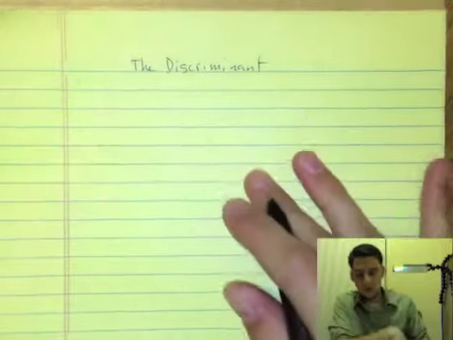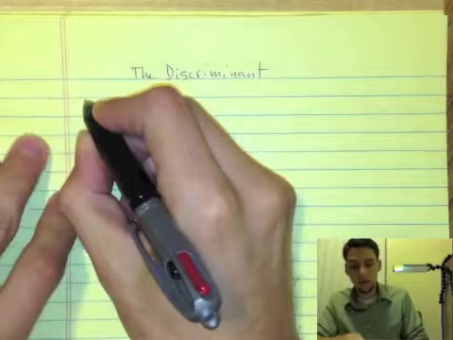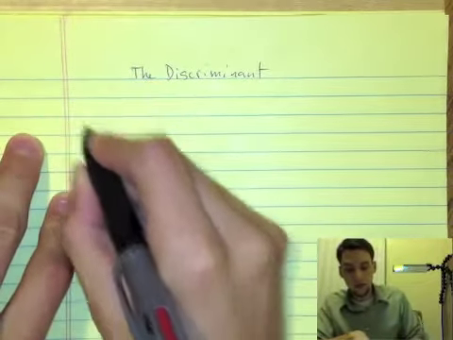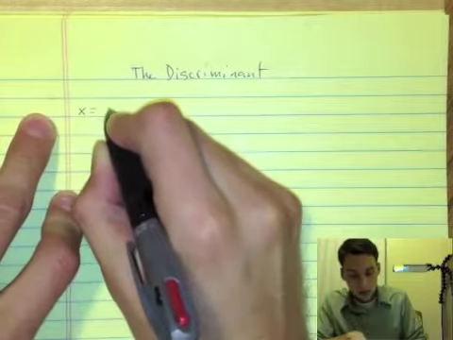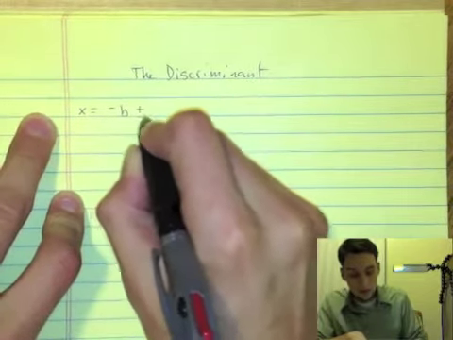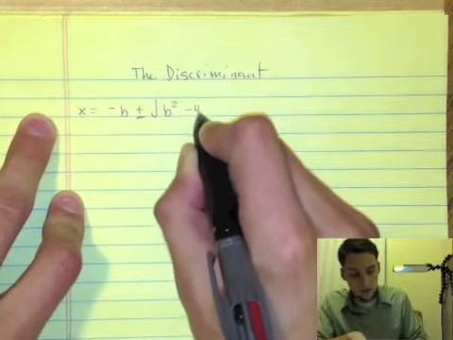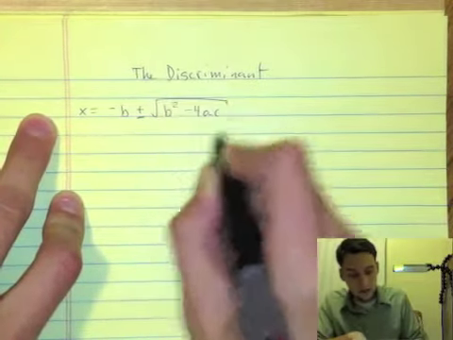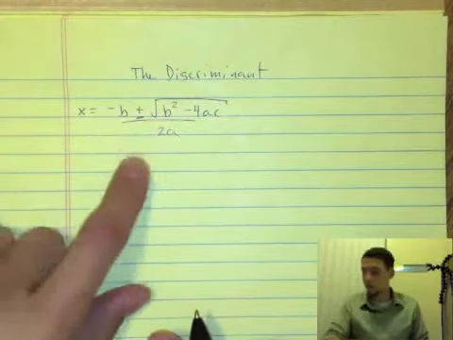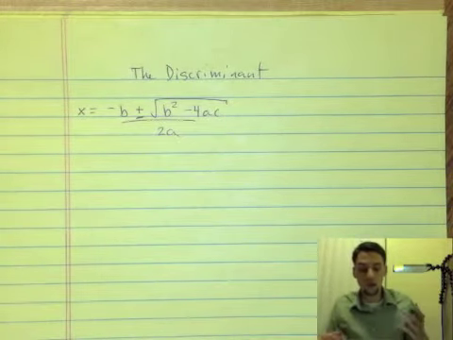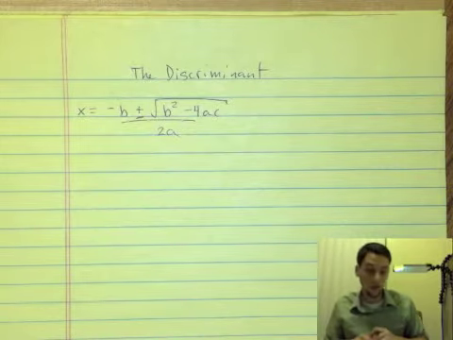So first, let me define the discriminant by reminding you what the quadratic formula was, and that was x equals the opposite of b plus or minus the square root of b squared minus 4ac all over 2a. We use the quadratic formula, remember, to solve quadratic equations without factoring.